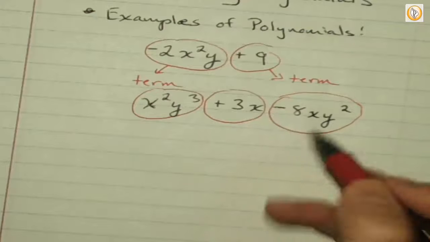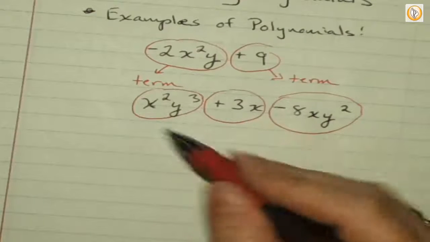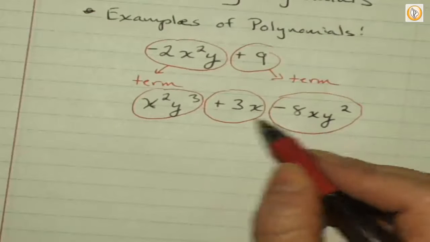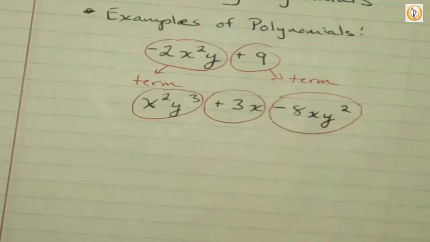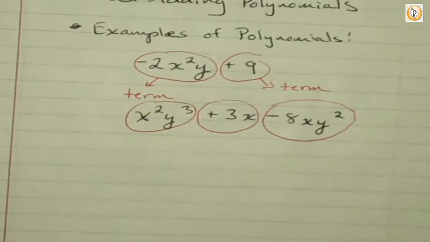This is being subtracted. Okay, so 3 terms. This is a polynomial. It consists of letters and numbers all being added or subtracted with each other. That's all you really need to know as far as what polynomials are this year.